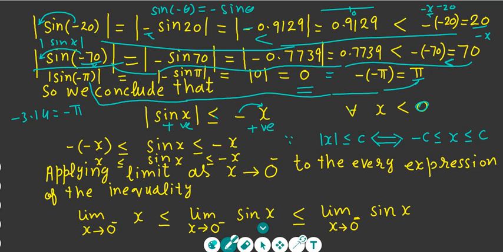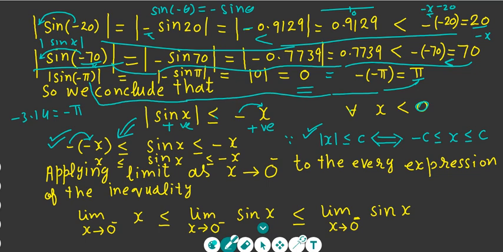So by using this formula we can write the above inequality as a simultaneous inequality. Minus will be multiplied to minus. In this case we will get x less than or equal to sine of x less than or equal to minus x.